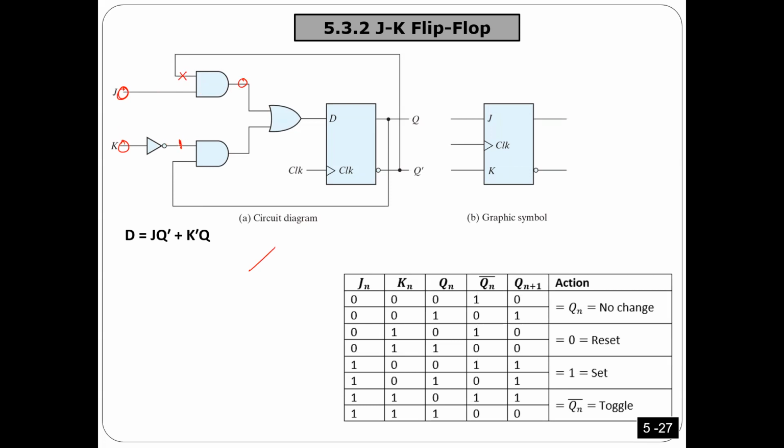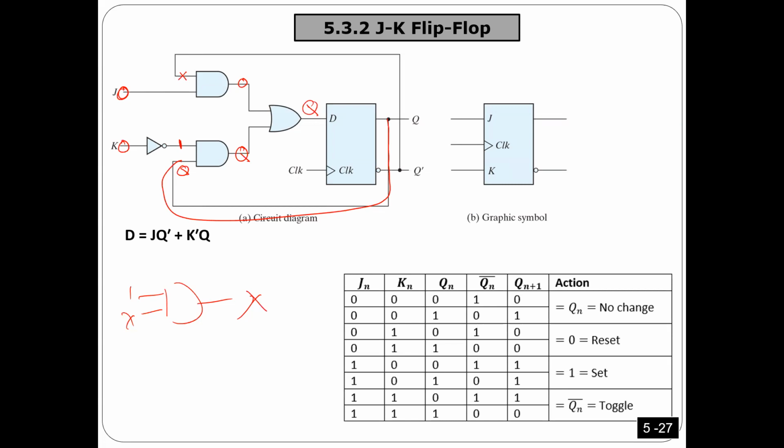If this one is 1, then I'm going to get Q from here, so this one will be Q, whatever Q is, because if you have 1 and X, you get X. Q OR 0 is going to give you Q, because this is an OR. And you know how D works: Q is equal to Q, no change.